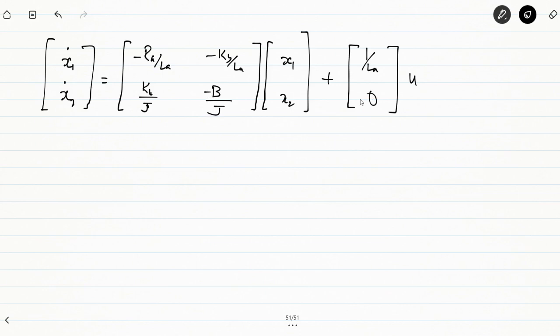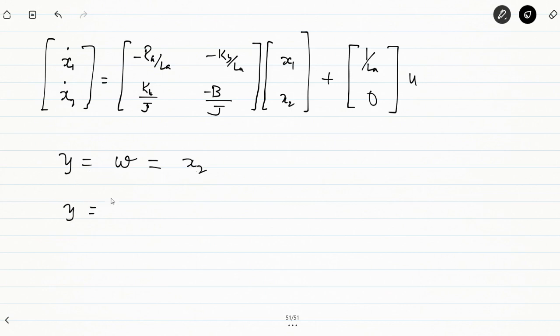So this is the state space model of a separately excited DC motor, and if we are controlling the speed of this DC motor, we may be controlling the armature current, the speed, or the position of the DC motor. In this case, let's assume that we are controlling the speed, and therefore naturally we need the output to be the speed of the DC motor, and we know that the output in that case will be equal to x2.